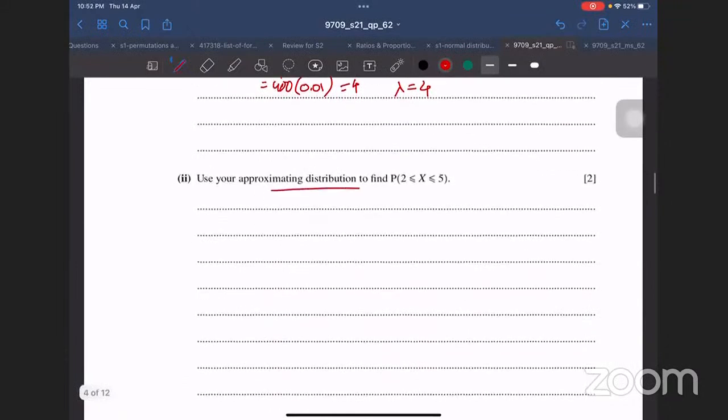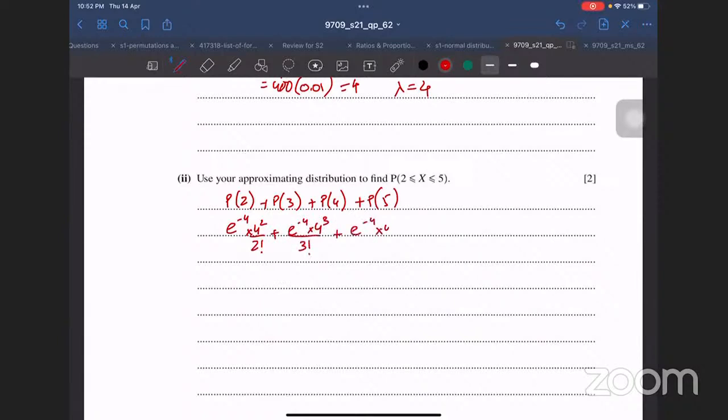It says use your approximating distribution to find the probability of X being 2, 3, 4, and 5. So I'm going to say e to the power minus lambda into lambda to the power 2 over 2 factorial, plus e to the power minus lambda into lambda to the power 3 over 3 factorial, plus e to the power minus lambda into lambda to the power 4 over 4 factorial, plus e to the power minus lambda into lambda to the power 5 over 5 factorial.